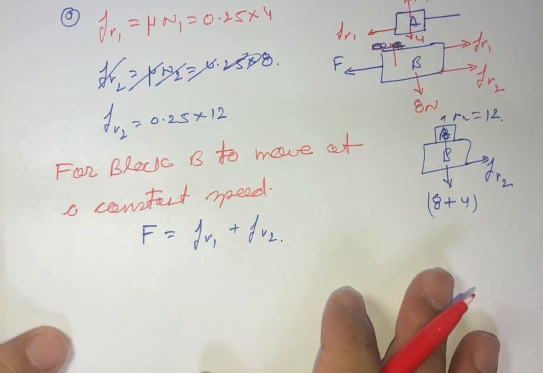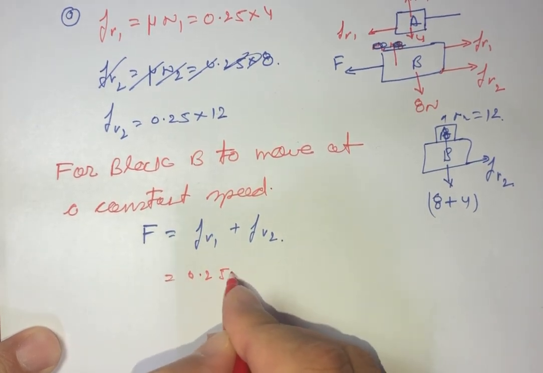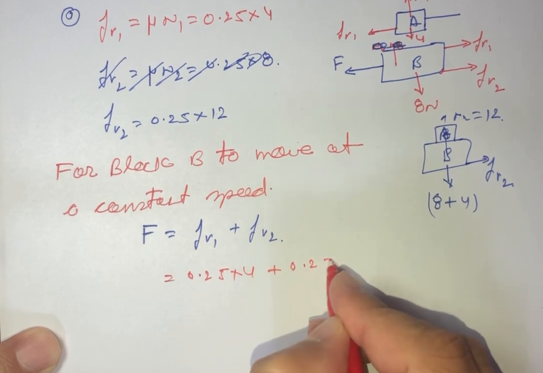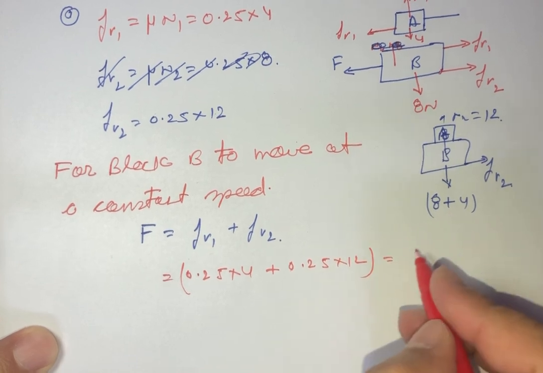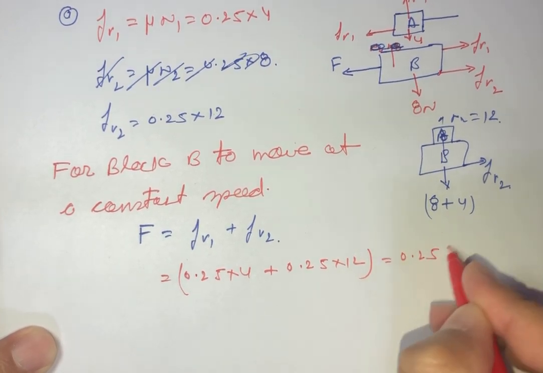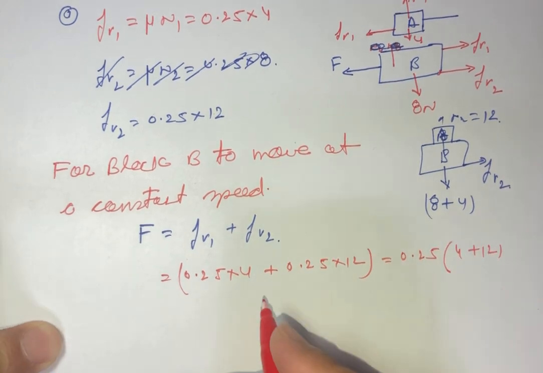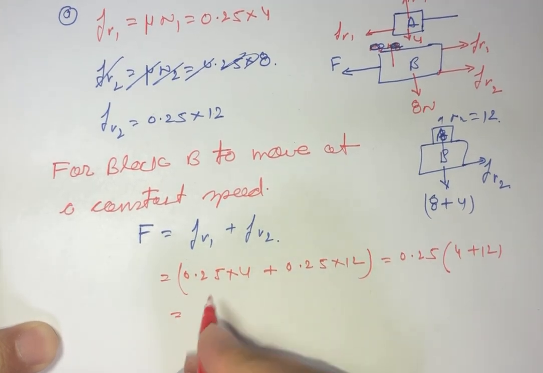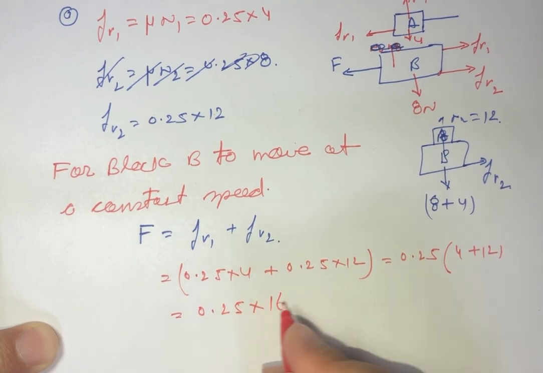So we already know the value of Fr1. Fr1 is 0.25 into 4 plus 0.25 into 12. So we can take 0.25 as common. So this will be 4 plus 12, which will be equal to 0.25 into 16.